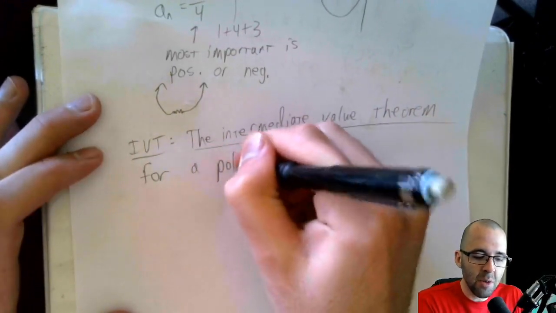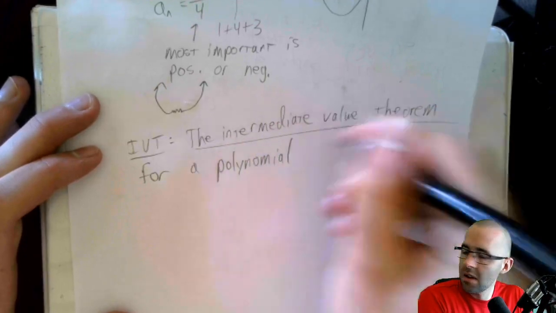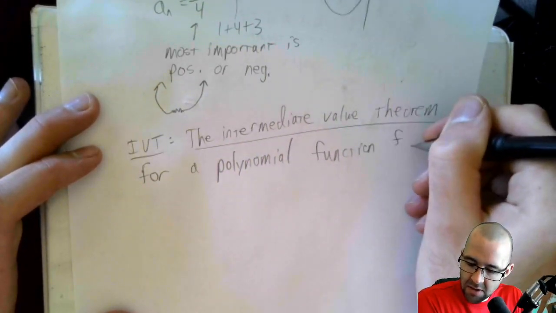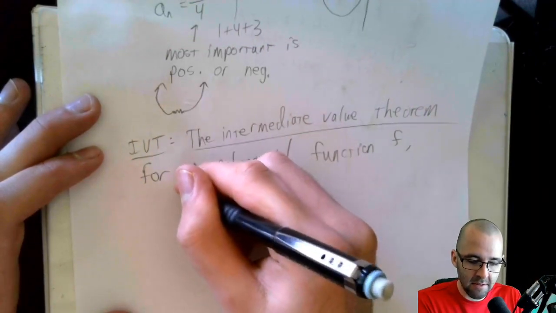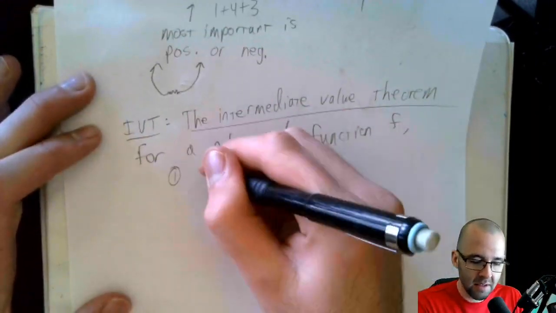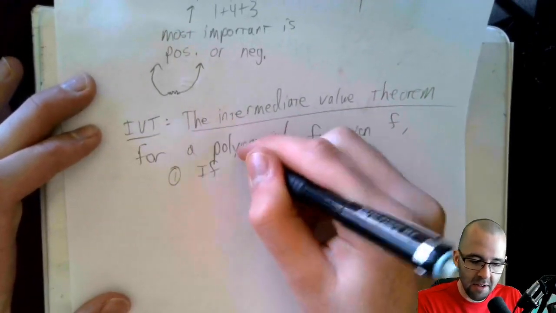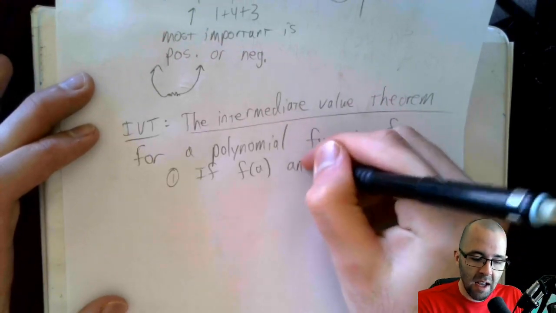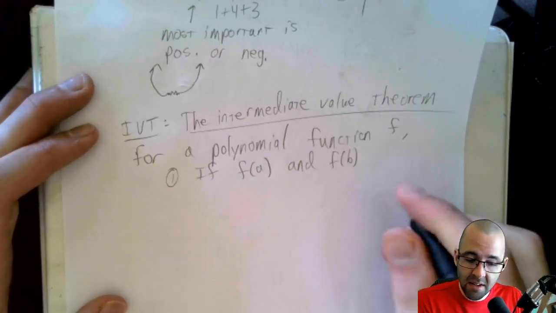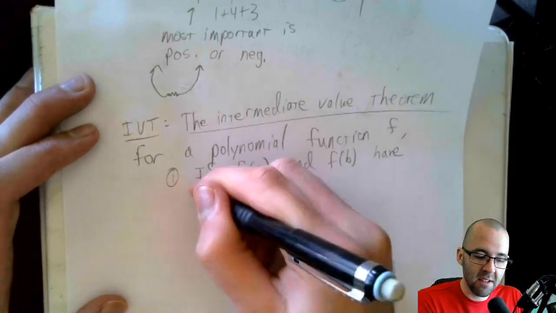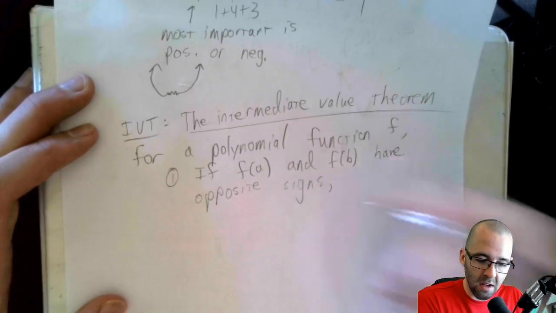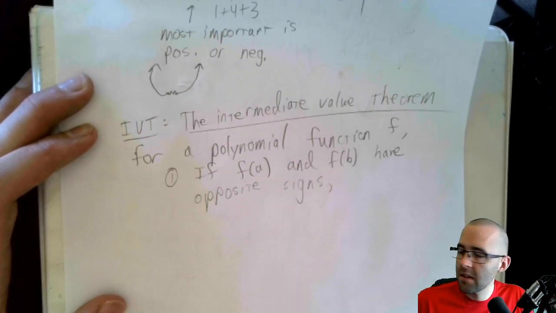For a polynomial function f, two cases. Case one, if f of some point A and f of some point B have opposite signs, then we can say something, right?